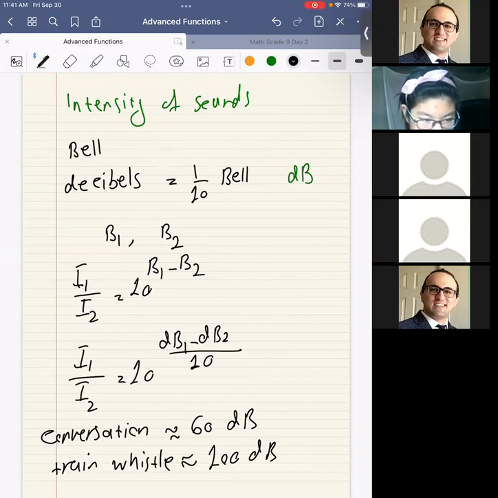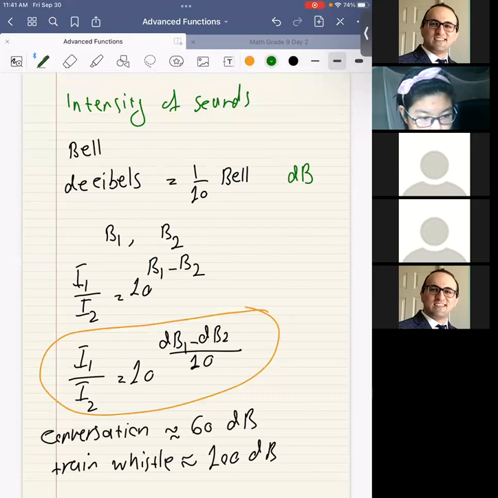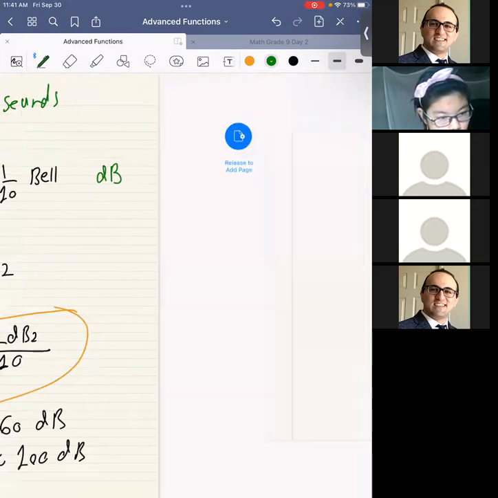So these are in terms of decibels. If you want to use this formula, you compare 100 decibels with 60 decibels.